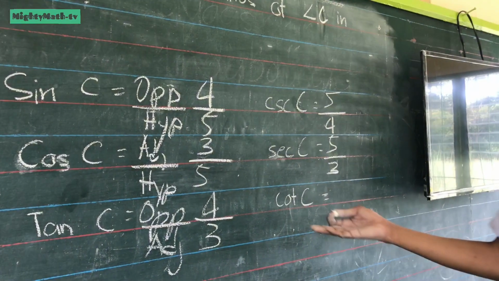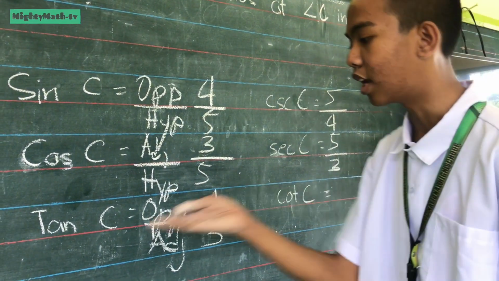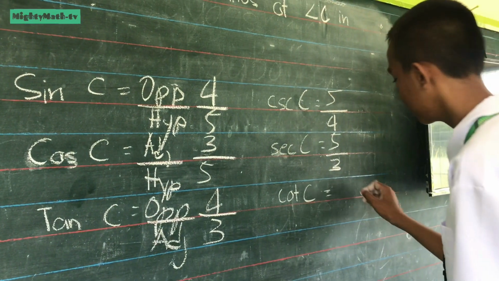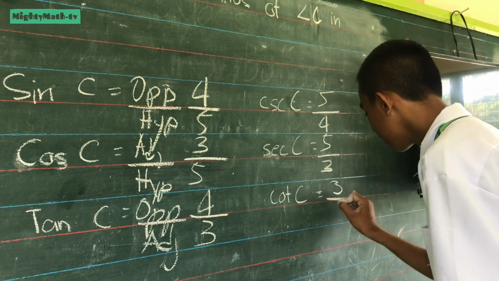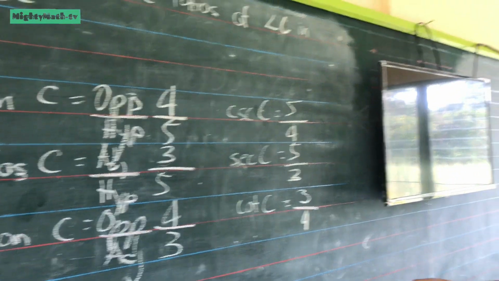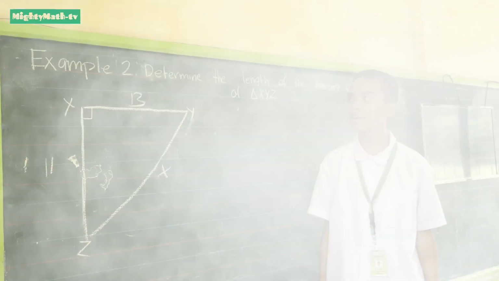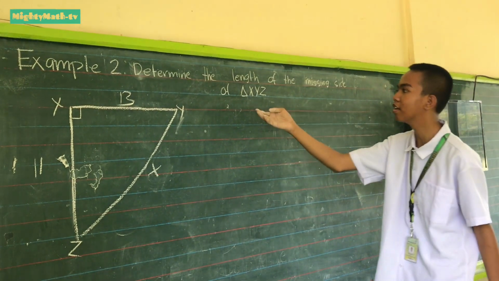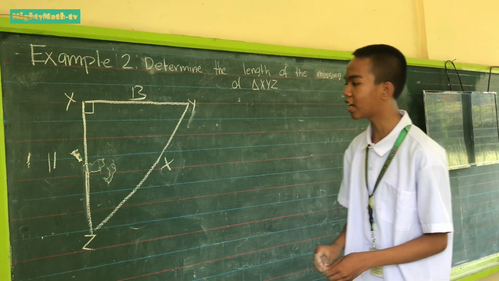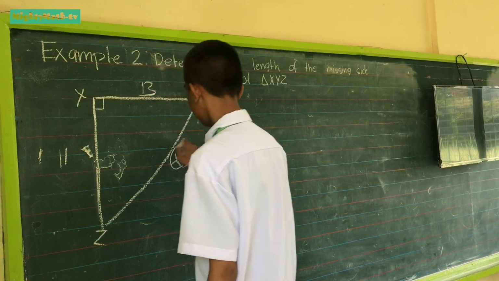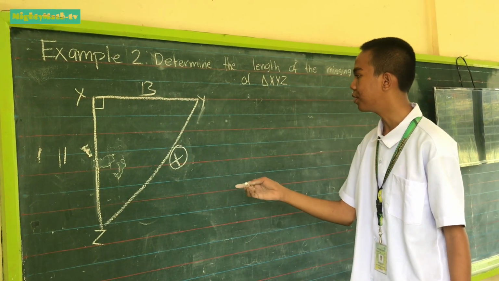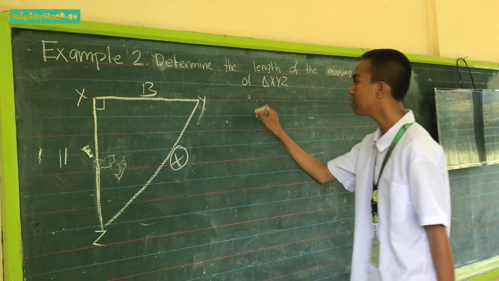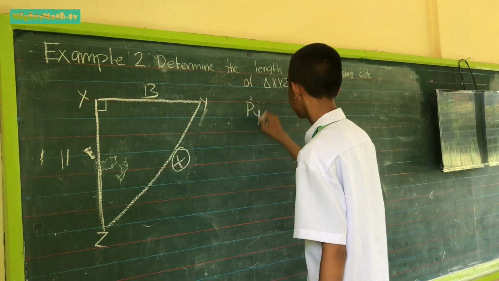And if we answer cotangent C, it's the reciprocal of tangent, so it's 3 over 4. And now we know. For example number 2, let's determine the length of the missing side of triangle XYZ. The missing side here is x, and we need to find its value or length. We use the Pythagorean theorem to answer this.